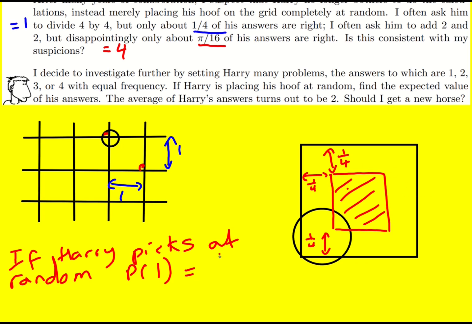So it's a half times a half, divided by the total area, which is 1 times 1, just 1. And that is going to give a quarter. Which is consistent with him picking it randomly, as we saw that it's consistent with what he's actually doing, because a quarter of his answers are right.